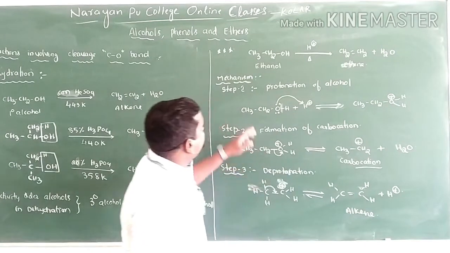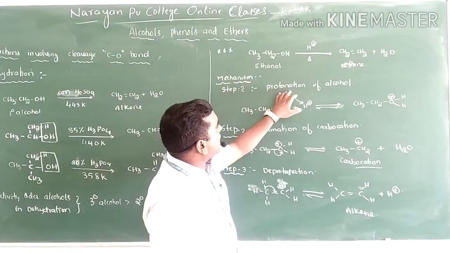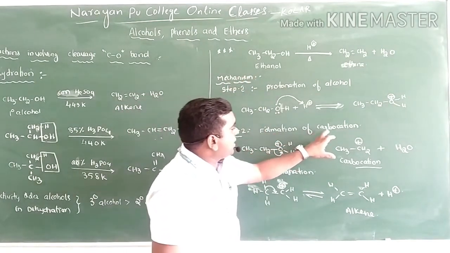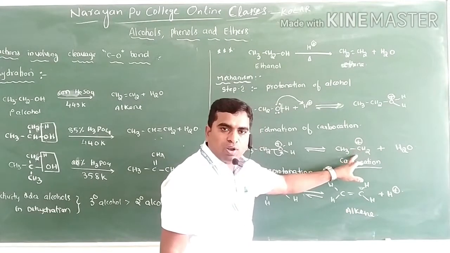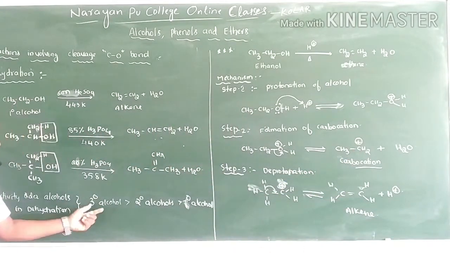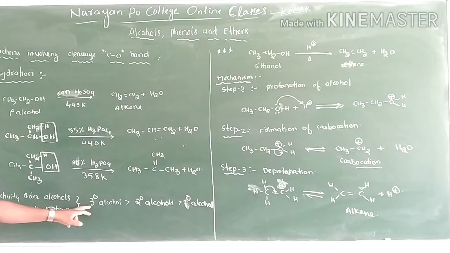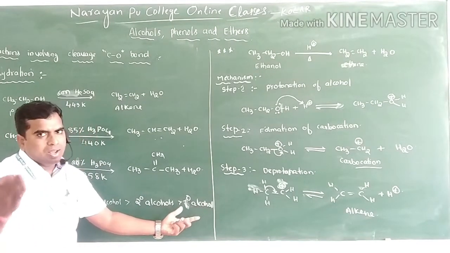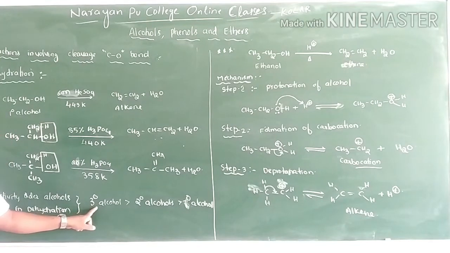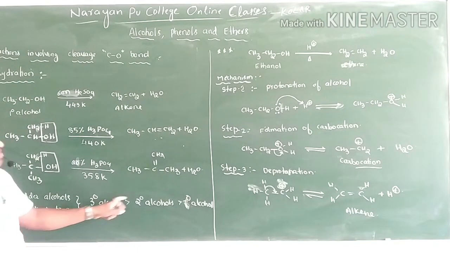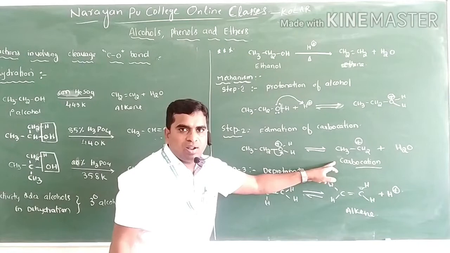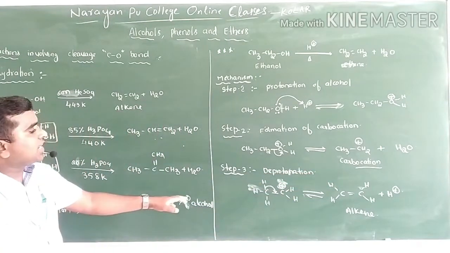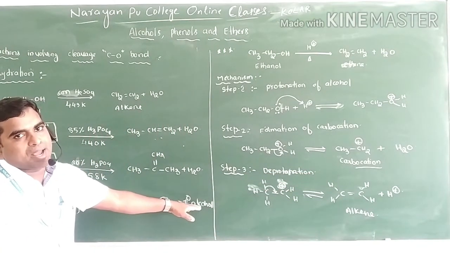So this is the dehydration of alcohol. The intermediate here is a carbocation. And what is the reactivity of alcohols in dehydration? I have mentioned tertiary, secondary and primary alcohol. Tertiary alcohols give a tertiary carbocation intermediate, secondary give a secondary carbocation, and primary a primary carbocation.